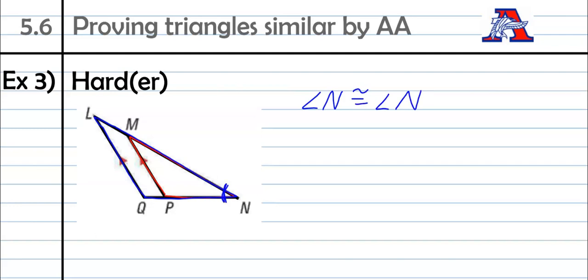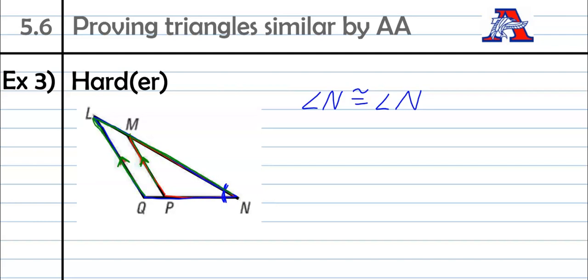Now the second question is, what other angles do we know and why? Well, I do notice that we have parallel lines. These little arrows right here tell us that we have parallel lines. In this case, we don't really want to look for alternate interior angles. We're not going to come up with much if we try that. But what I do notice is the letter F. See how right here you can kind of see the letter F?